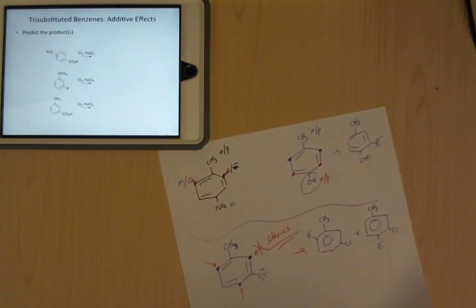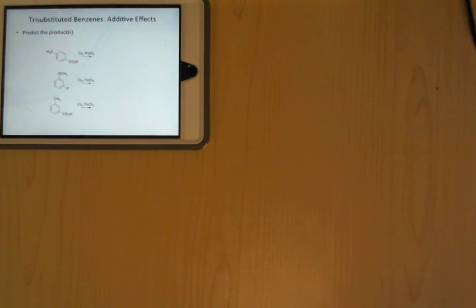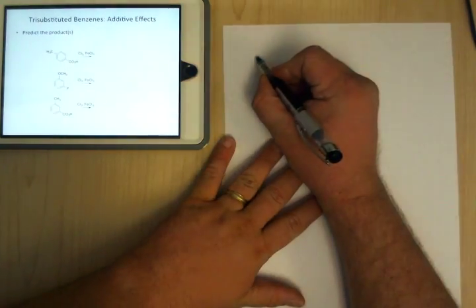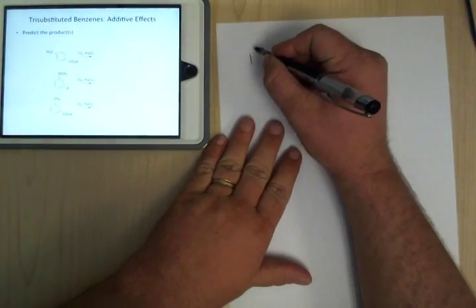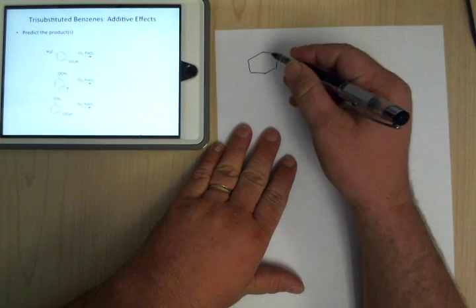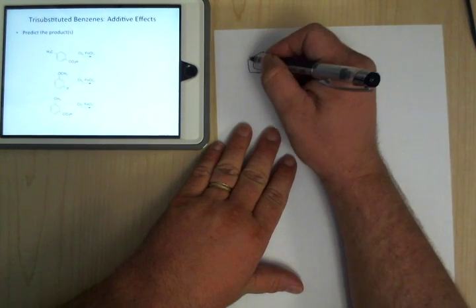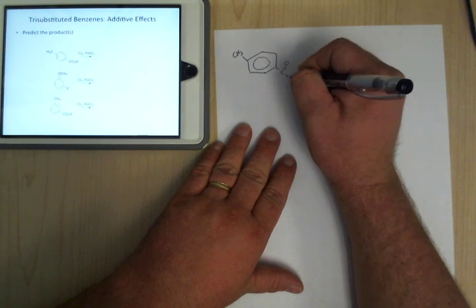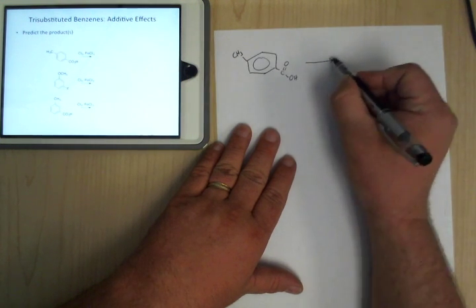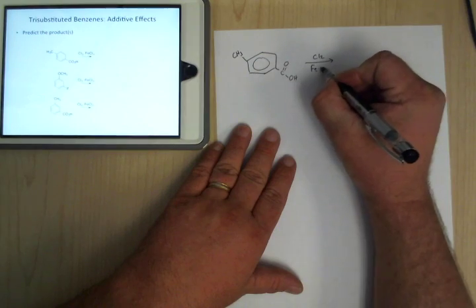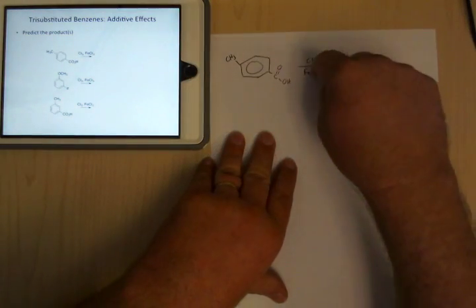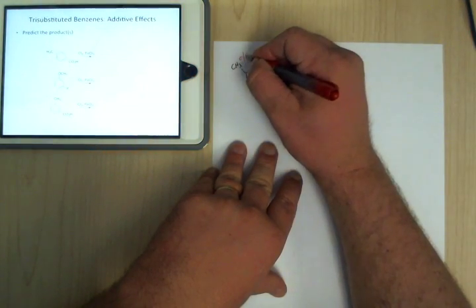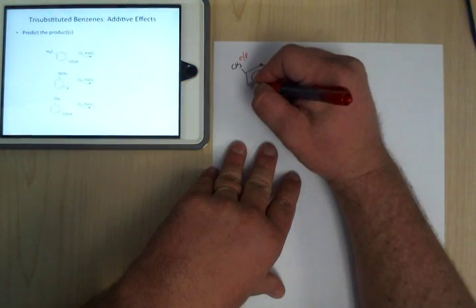Okay, so predict the products. Here we go. Always like predict the product questions. Right, so we have that. It doesn't matter about this, we're just doing this. So this is ortho-para, so we'd want to go here and here.